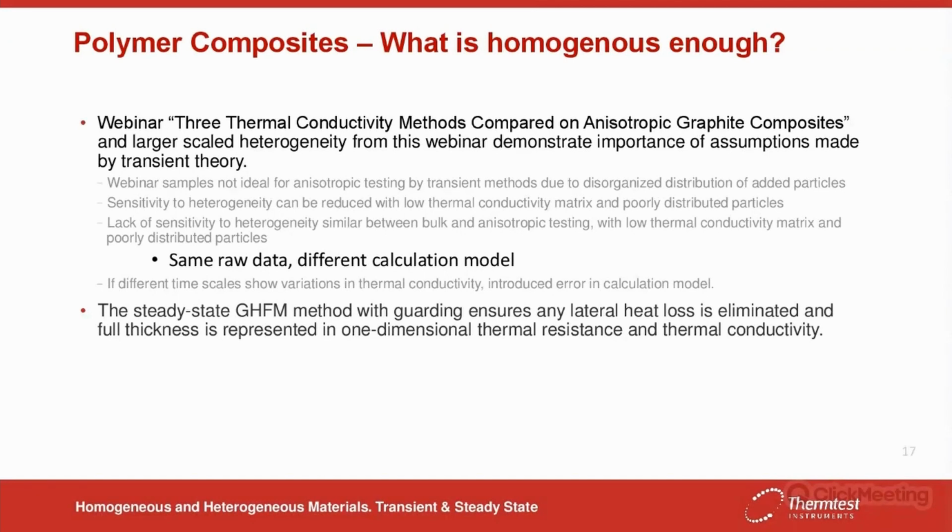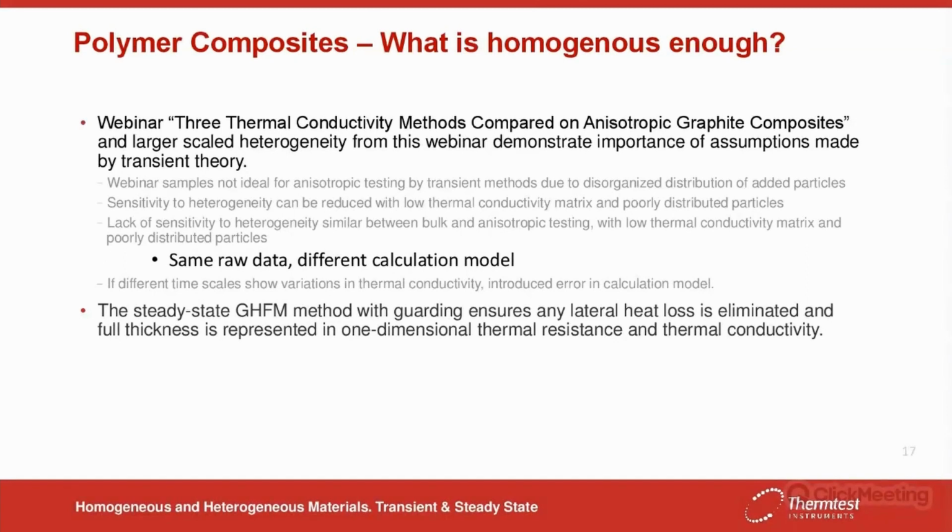With different time scales, the ultimate question is, how do we know if our material is homogeneous enough to use a transient method? A good way to consider it is that if different time scales show variations in thermal conductivity, you have introduced error in your calculation model for transient methods.